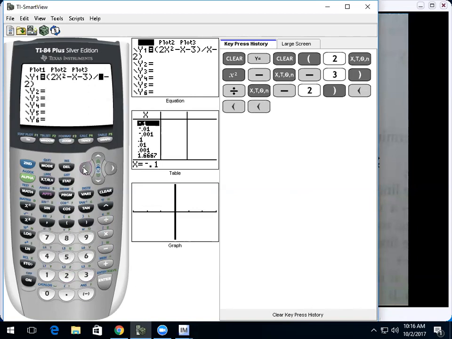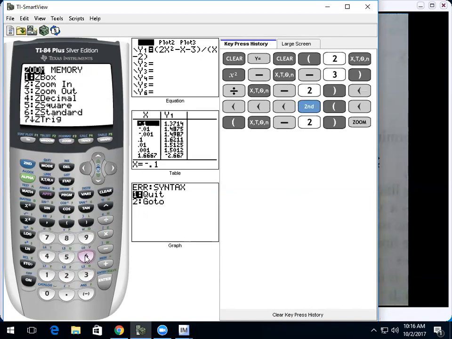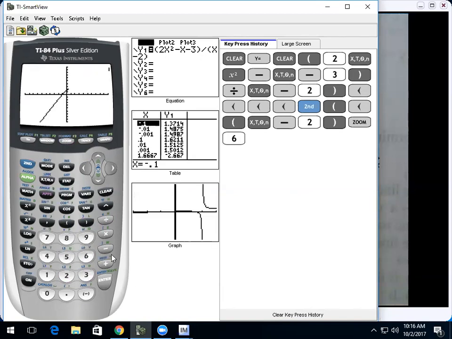I needed a parenthesis right before that x. On a standard window, that looks like the whole graph.